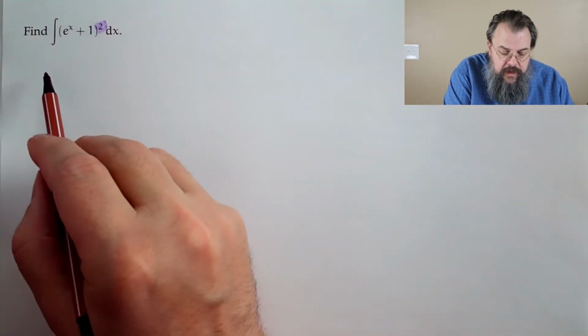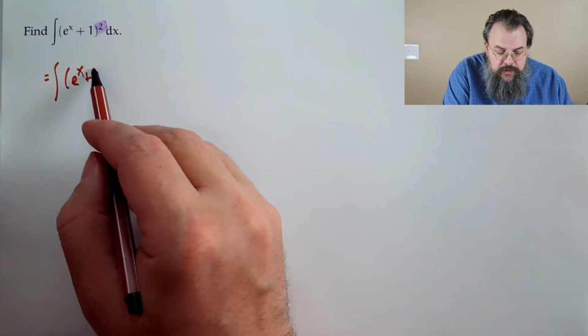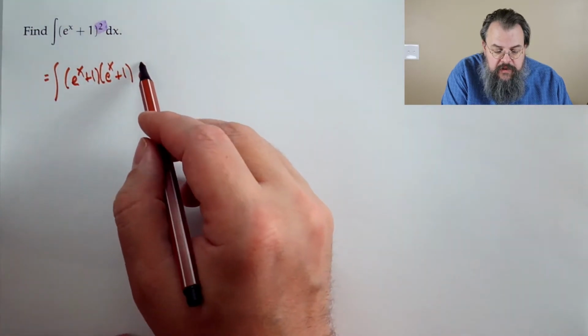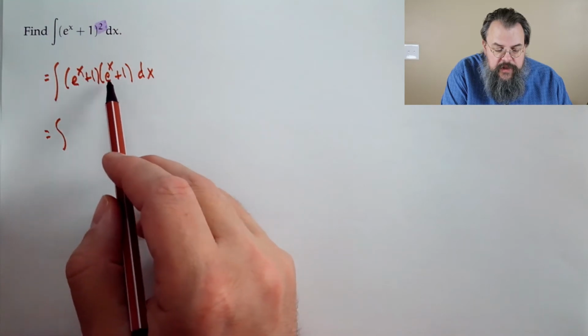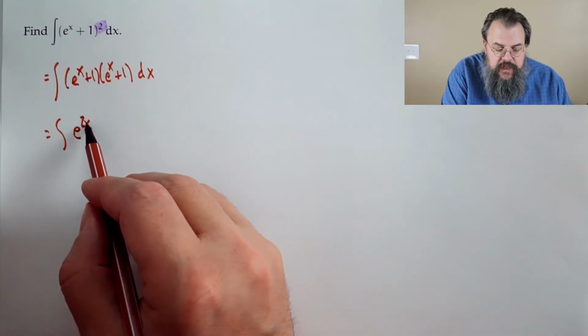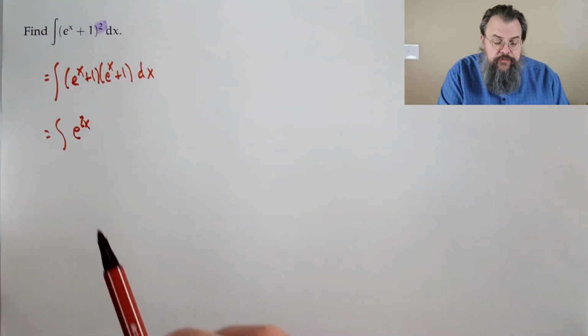Well, okay, this is the integral. We'll do it in a couple of steps here just so we can make sure we follow what's going along. E to the x plus 1 times e to the x plus 1. So you take the first terms, that'll be e to the x times e to the x, which is e to the 2x. You can add the exponents.